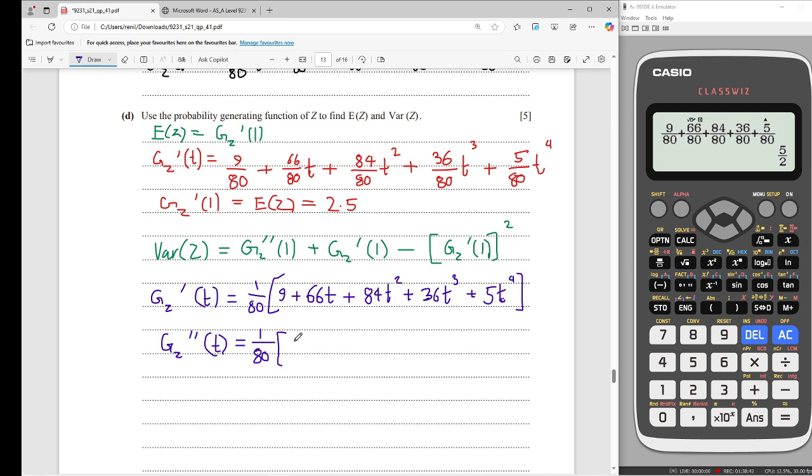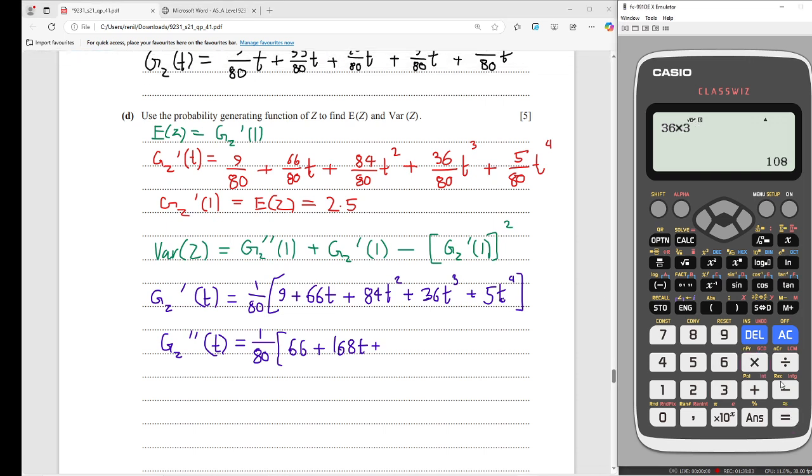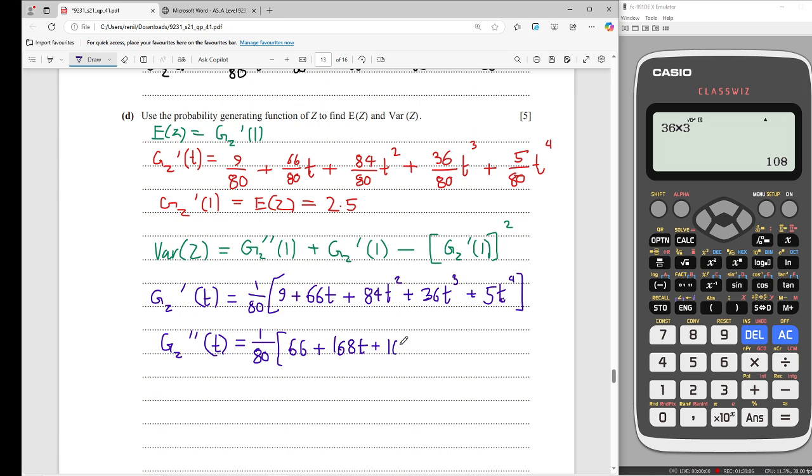When you differentiate 66t, it's just going to be 66. 84 times 2 is going to be 168, so 168 multiplied by t, plus 36 times 3, I think this is 108, yeah, t to the power 2, plus 5 t to the power 4 becomes 20 t to the power 3.